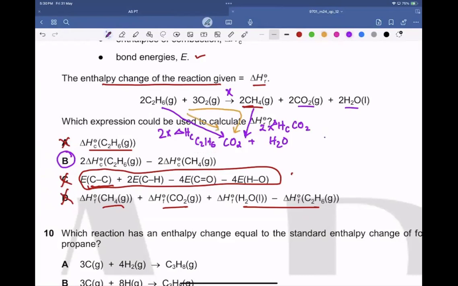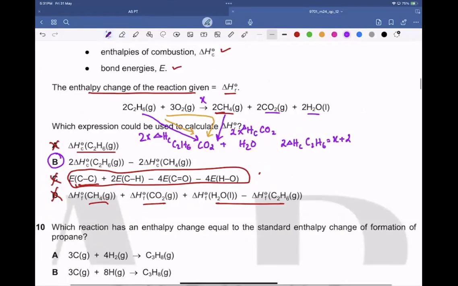So if I make the expression, then 2 times enthalpy change of combustion of C2H6 is equal to X plus 2 times enthalpy change of combustion of carbon dioxide. So if I make X the subject, it is going to be twice the enthalpy change of combustion of C2H6 minus twice the enthalpy change of combustion of CO2. And if you see, this is correct, right?